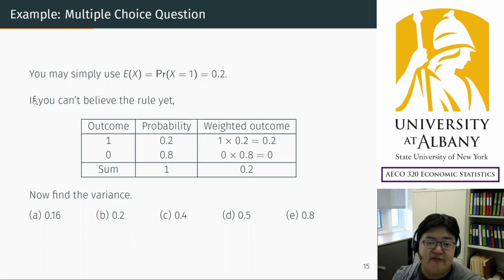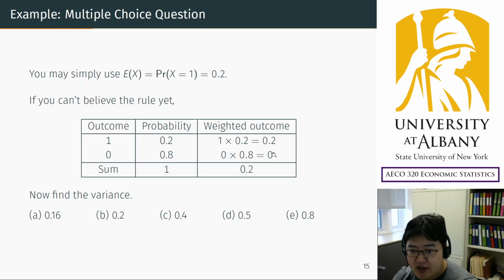But just in case you cannot believe it, if you don't understand what's going on, then you could try this way. Remember, the mean is the sum of probability weighted outcomes. So we multiply the outcome 1 by the probability, 0.2. Outcome 0 by its probability, 0. Sum, 0.2.